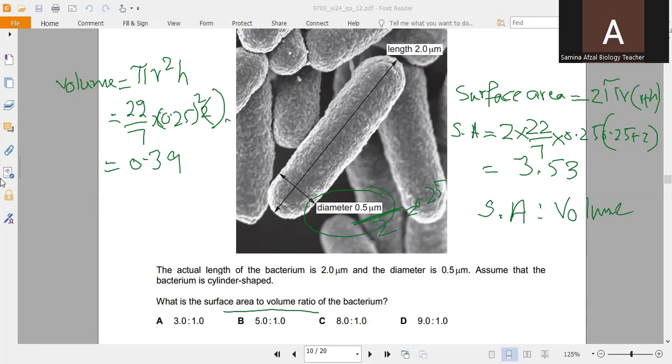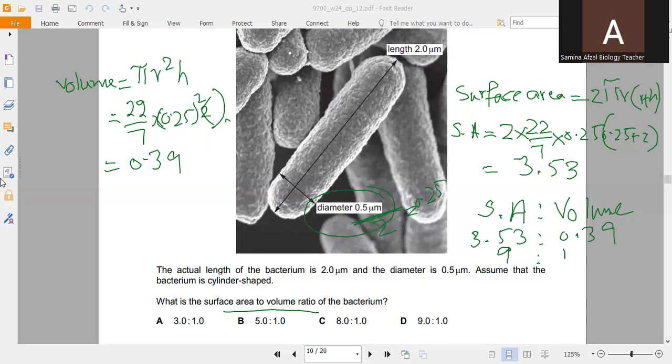Surface area is 3.53, volume is 0.39. If we divide 3.53 by 0.39, the ratio is 9 to 1.